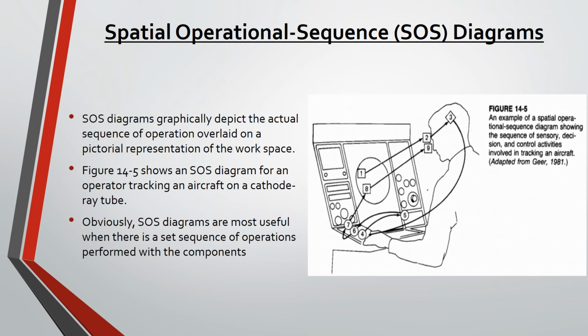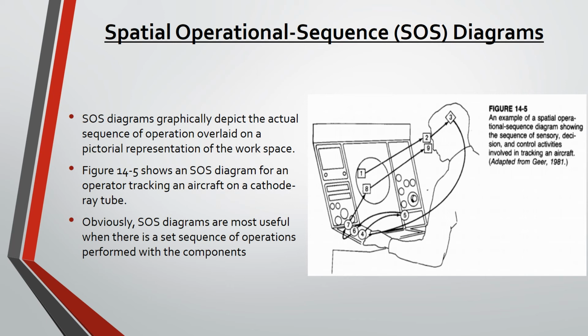The next method of graphical representation of data is the spatial operational sequence, commonly known as the SOS diagram. Here we overcome the disadvantage of the previous method. That is, here we can actually tell the sequence in which each operation is done, and this is overlaid in a pictorial representation of the workspace.